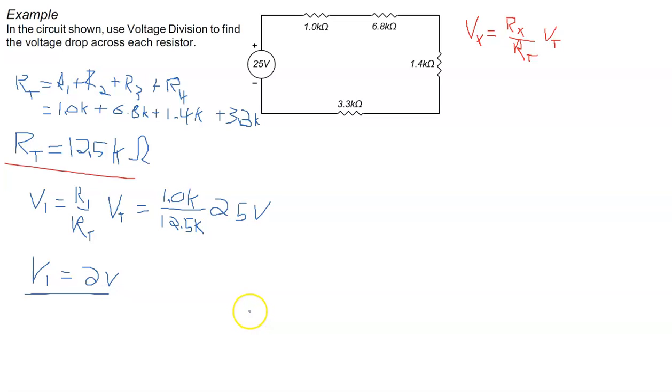Now, next, V2 is equal to R2 divided by RT and multiplied by VT. And so we have 6.8K over 12.5K.